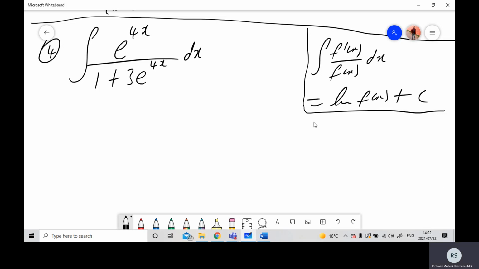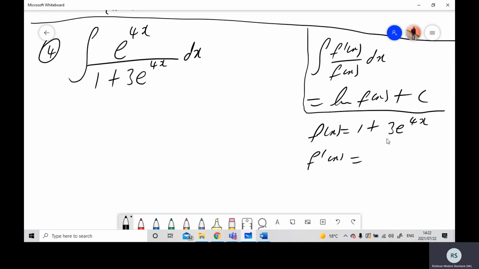So I want to check my denominator function. I let it be equal to f of x, 1 plus 3e to the 4x, and check if I have f prime in my numerator here.